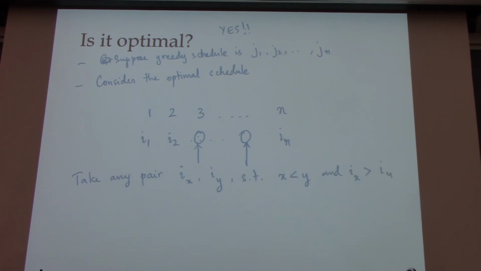That's what you're saying. Right? So x is less than y means x comes before y. This is the xth position, this is the yth position. And this is I sub x, this is I sub y. It's looking at two indices where I sub x is bigger than I sub y.